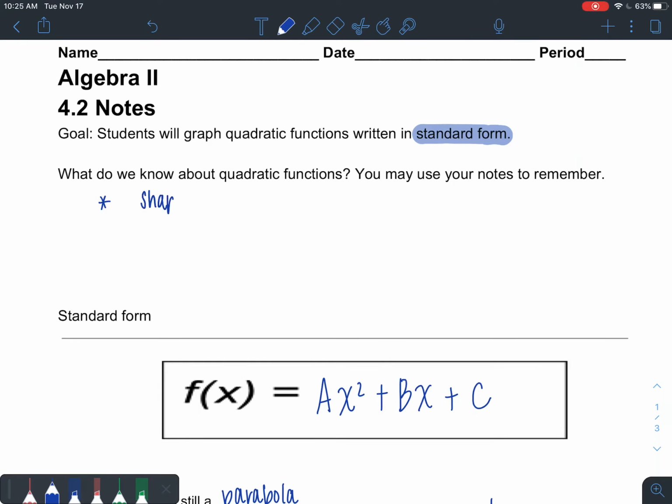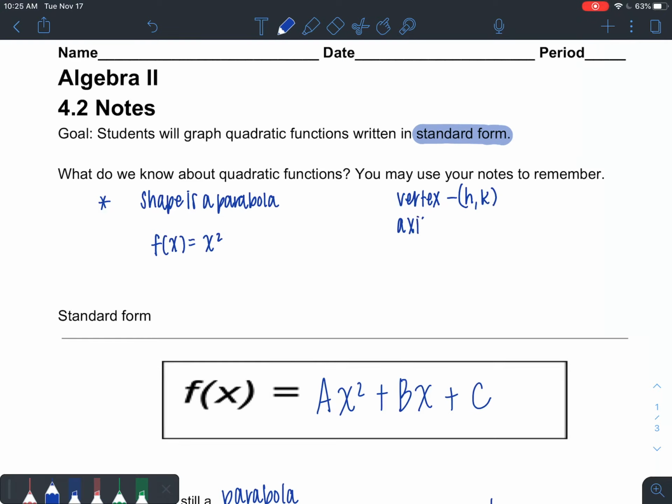Its shape is a parabola. The way that we write a quadratic function is f of x equals x squared. That squared makes it quadratic. And then we have certain points, like the vertex, which is (h, k).